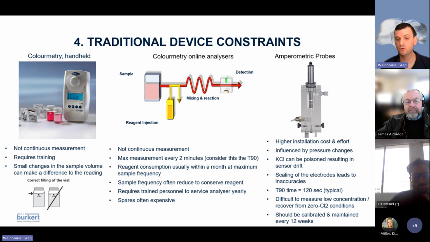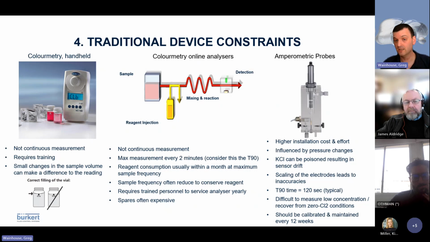Now, amperometric probes are also quite difficult to use for measuring low concentrations of chlorine. They're also difficult to recover from zero chlorine conditions. They suffer from an issue called polarization. This is where it doesn't see chlorine for long periods of time. As soon as a slug of chlorine comes through, it doesn't always detect it because of polarization.